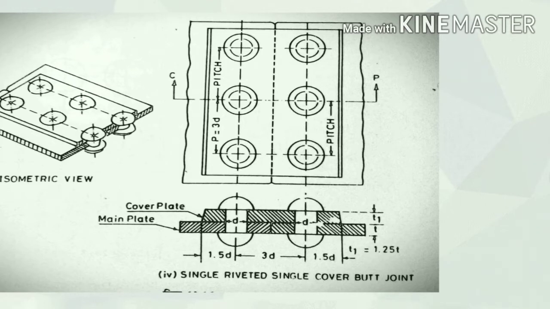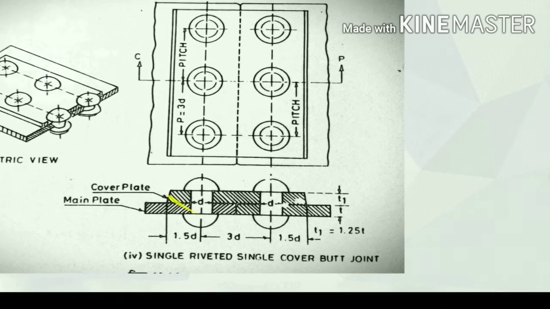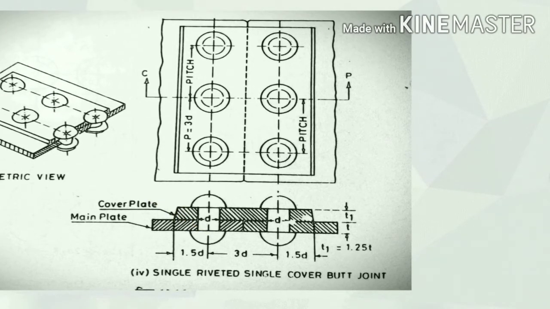You find the upper plate is the cover plate and below is the main plate. Here from one rivet center to another rivet center is 3D, and from the edge to rivet center the distance is 1.5D, 1.5D the same on the other side. T is the main plate thickness and T1 is the cover plate thickness, and T1 is equal to 1.25T. Single riveted single cover butt joint.